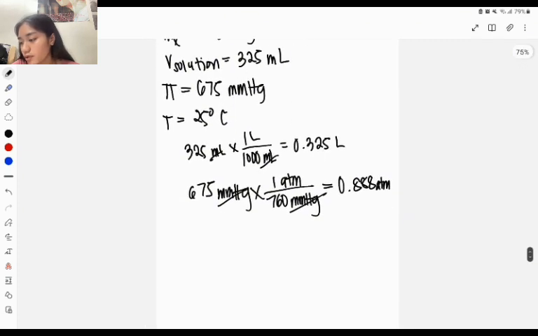Then we have to convert the 25 degrees Celsius into Kelvin by adding 273.15, which becomes 298.15 Kelvin.